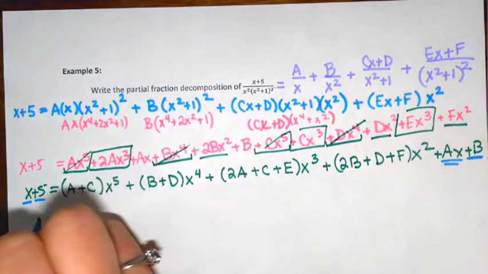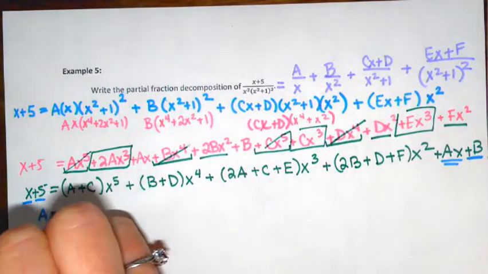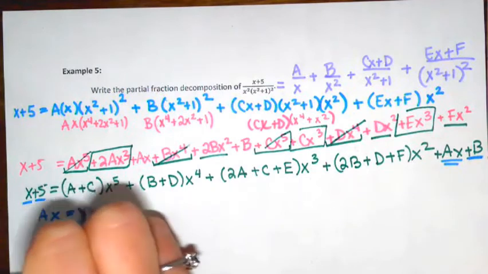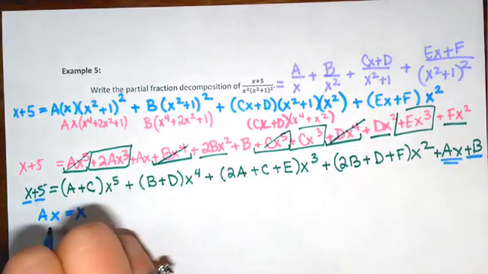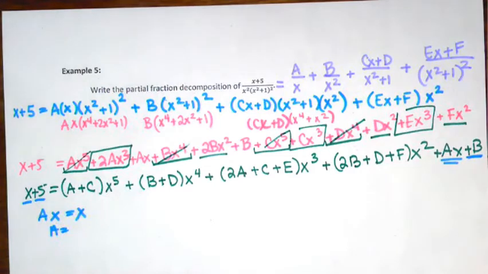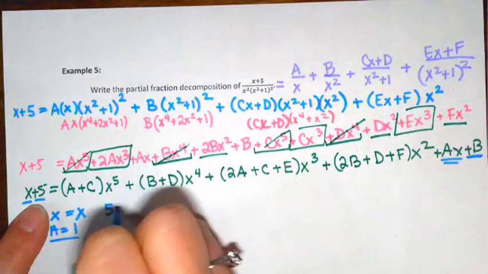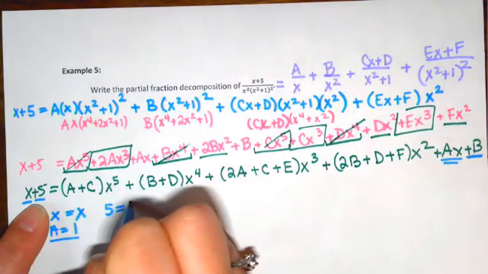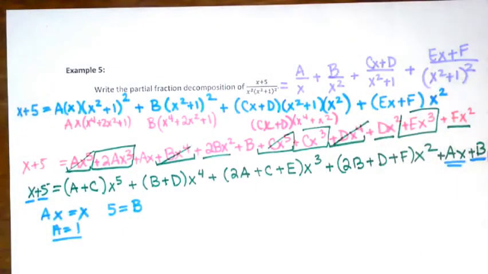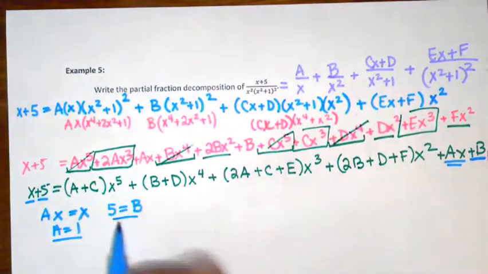Yes. So could I say ax equals x? So what does a equal? 1. So I know what a is. And then 5 is my constant, so 5 would equal b. So right off the bat, I know what a and b are.